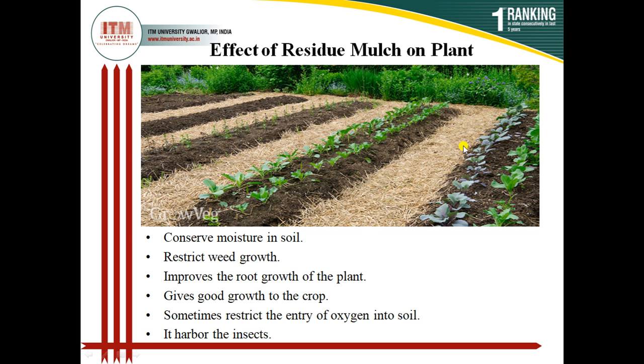Only the lower layer of this mulch, which is in contact with soil, will decompose slowly, and it is added into the soil when it is decomposed. So it is not decomposing in the soil, so it will not absorb the nitrogen from the soil. So it is mulching basically. It has certain beneficial impact and some negative impact, that it harbors the insect also.